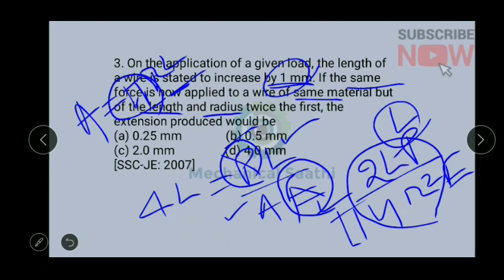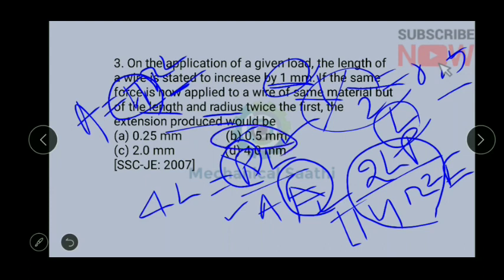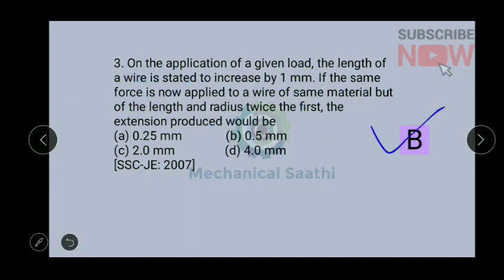Now we need to calculate the extension del L, that will be equal to 2 by 4, or I can write 1 by 2, so we can calculate that as 0.5. So for this question option B will be the correct answer, that is 0.5. Let us check it. Here you can also get 0.5 as the answer. Let us move forward towards the next question.